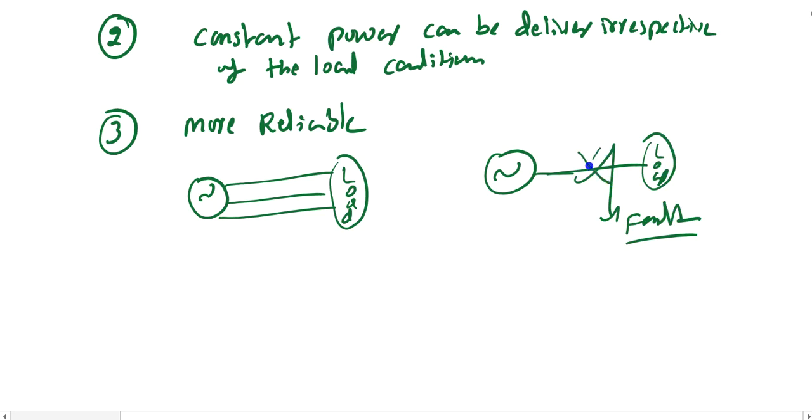It is completely not going to supply any power to this load. If a fault occurs on this line, then it is not going to supply any power to this load. Suppose the fault occurs on any one line of the three-phase system, then what happens? That line can be removed, but with the remaining two phases, this load can survive. So that is why the three-phase system is also more reliable.